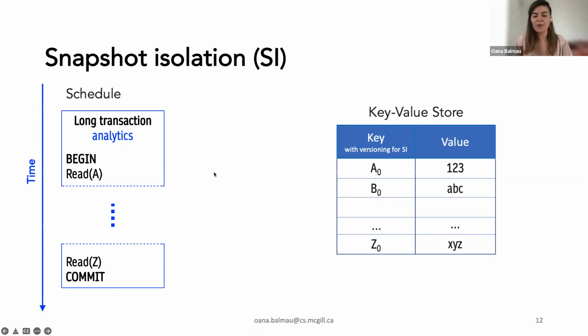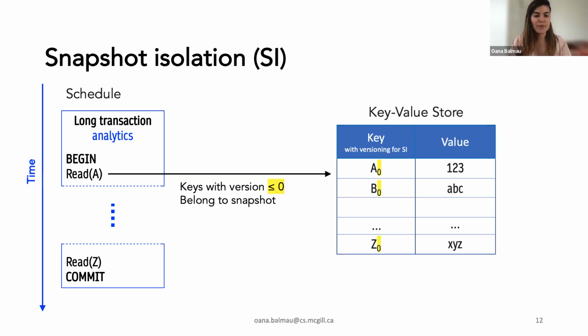You can imagine that we want to scan the whole data set to compute something like an average or the most popular items. The data is stored in a key value store that initially holds keys from A to Z with values, as you can see here, 1 to 3, ABC, and so forth. A long transaction that does analytics is run with this version of the items in its snapshot, or version 0.